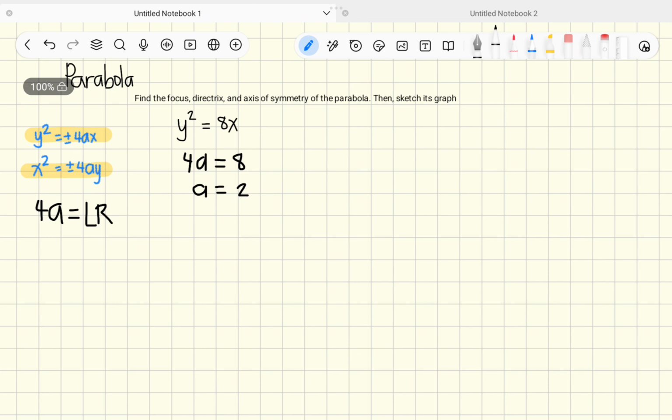Now we know that the parameter is 2 units, and we know that the vertex is at the origin. Let's try to figure out where this parabola will be facing.